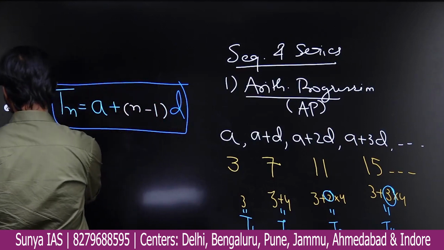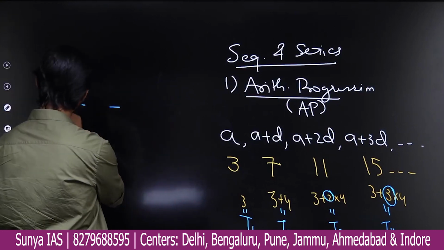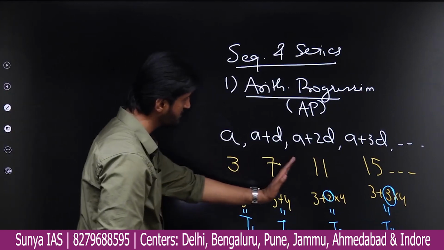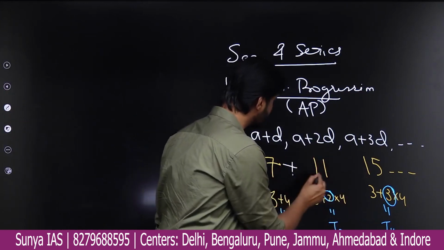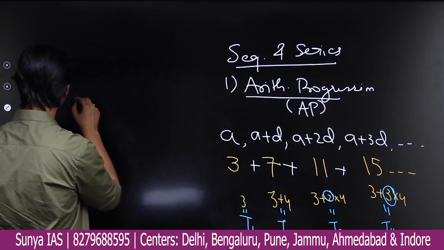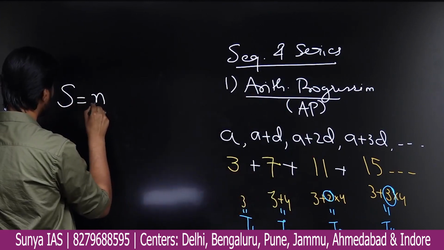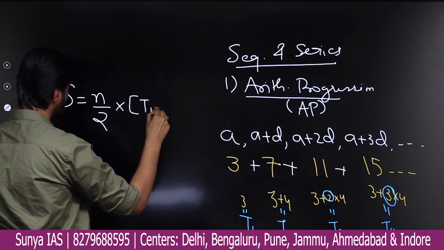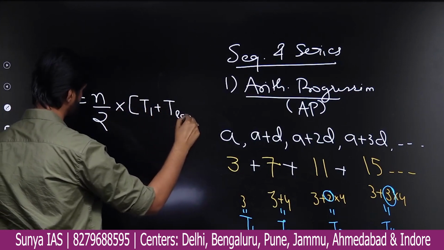And further if you want to find the sum of all the terms in an AP, the idea is simply n by 2 into T1 plus T last.